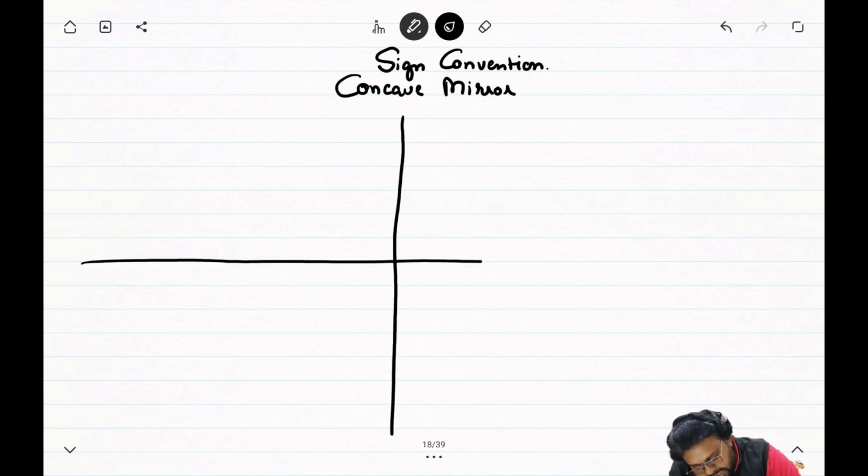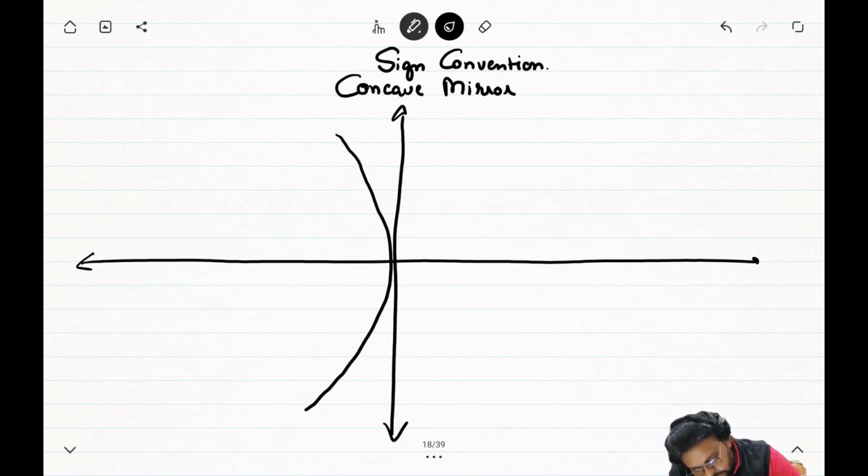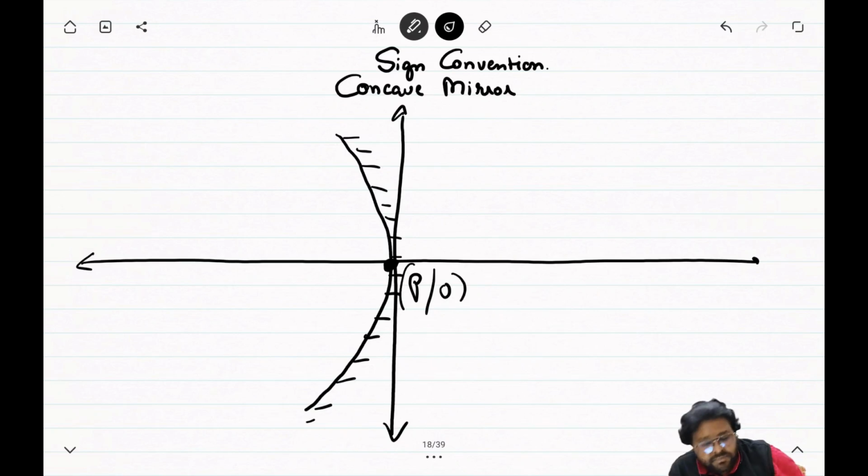You must have studied the Cartesian plane in mathematics. We take that same plane, and we put the concave mirror in the plane such that the pole and origin coincide. All the distances are measured from the origin in the Cartesian plane. In mirrors, all the distances are measured from the pole.